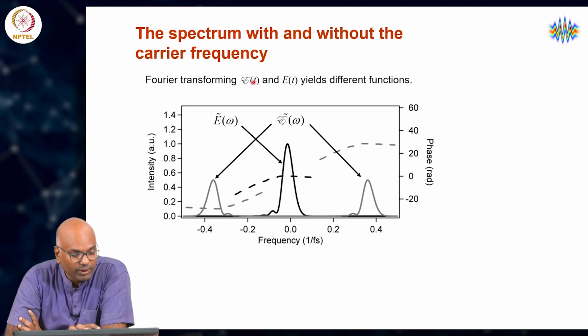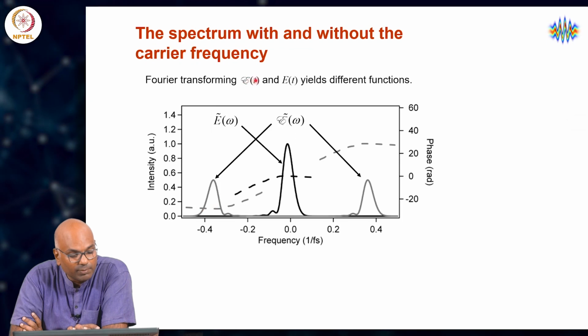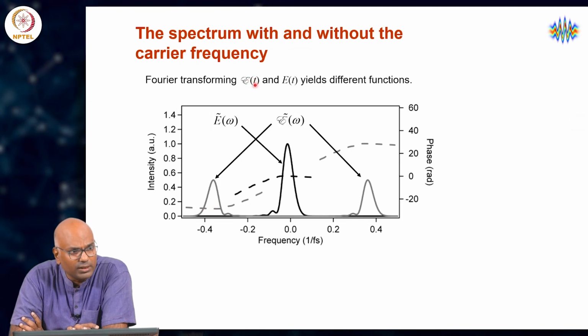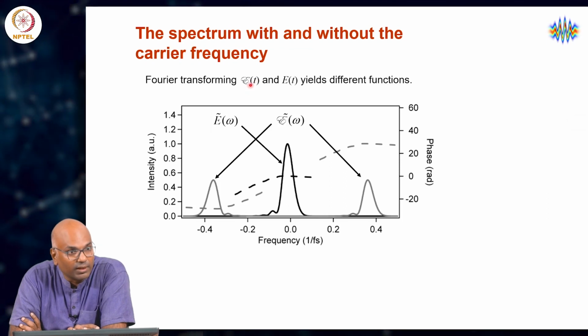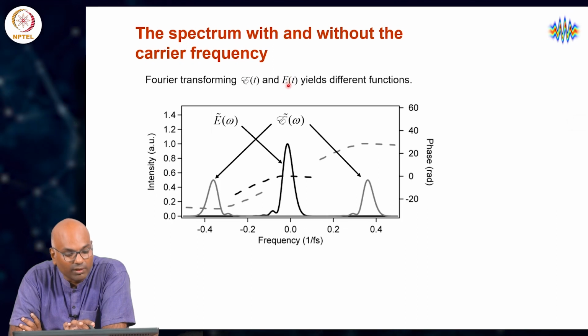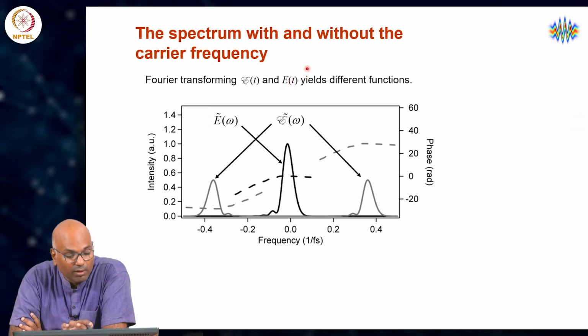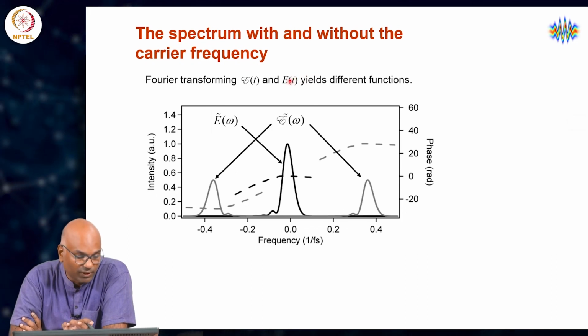In the temporal domain, we had the full description of the field, which is the script E of t, which contains not only the complex amplitude, but also the fast carrier oscillations. E of t, the complex amplitude, is the real amplitude times e to the minus i phi of t, where phi of t is this temporal phase function.